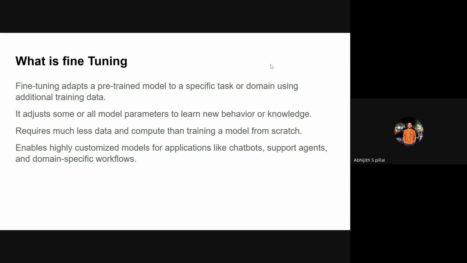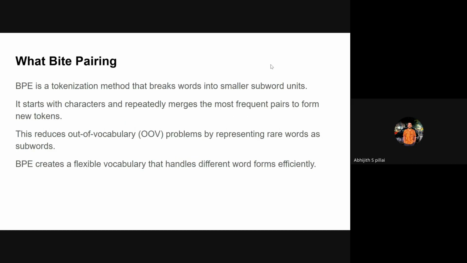I think you understand the scenario: we pick a model, feed our data to it, and based on that data we change the behavior of that particular model. This is called fine tuning. The basic thing for fine tuning is byte pairing.